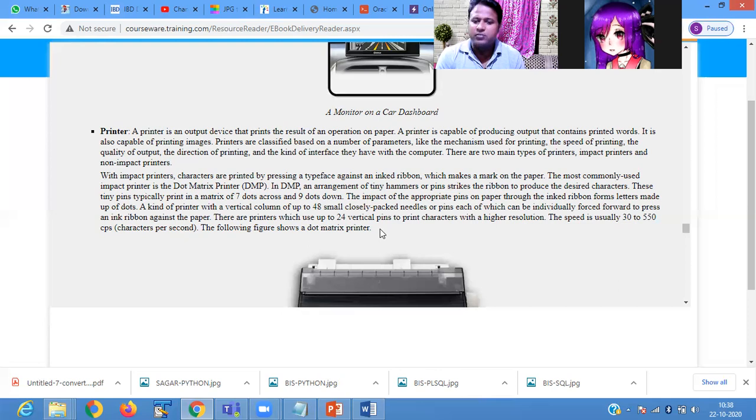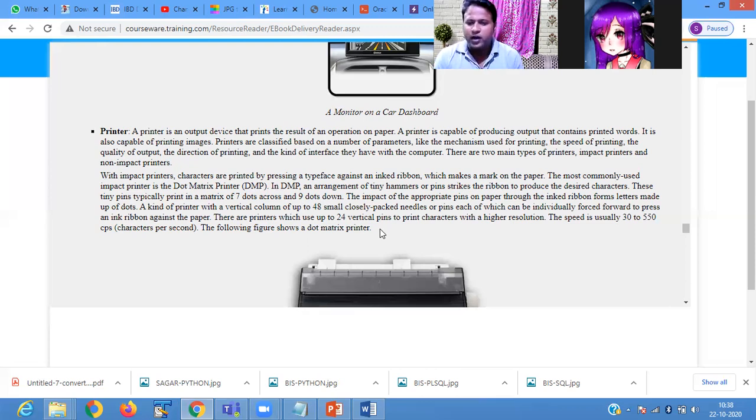The tiny hammers or pins strike the ribbon to produce the desired character. These tiny pins typically print matrices of 7 dots across by 9 dots. So when it is printing one character, it is printing in the form of 7 to 9 dots.